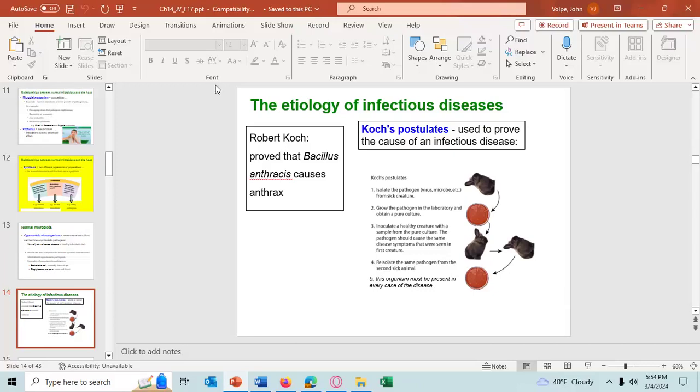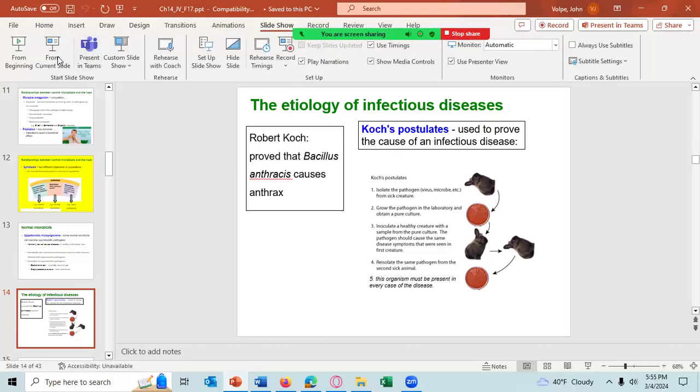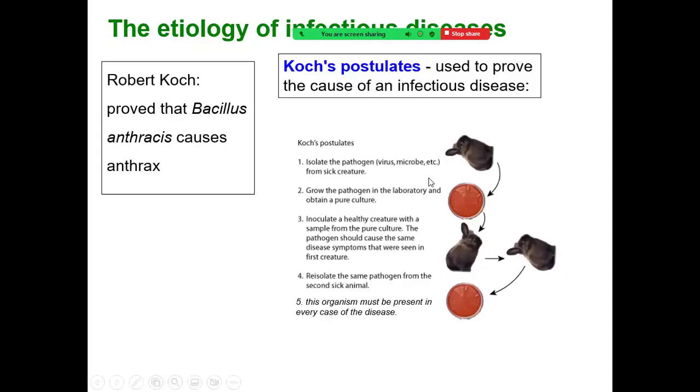To engage in Koch's postulate, you have to first obtain the microbe from a sick individual, or in this case, a sick bunny. And then you grow up the microbe in vitro and purify it.